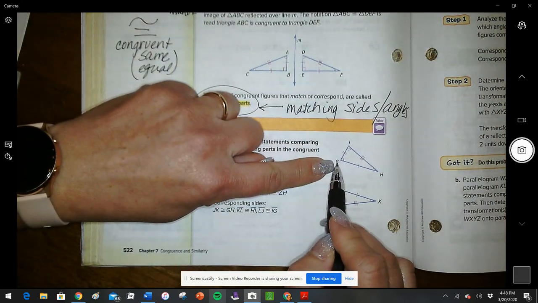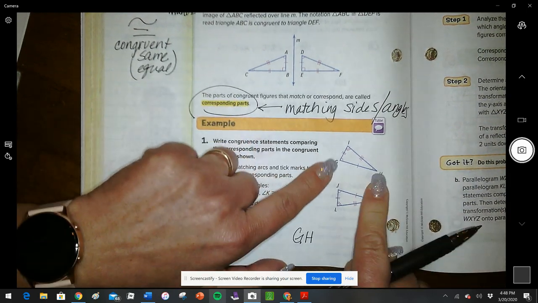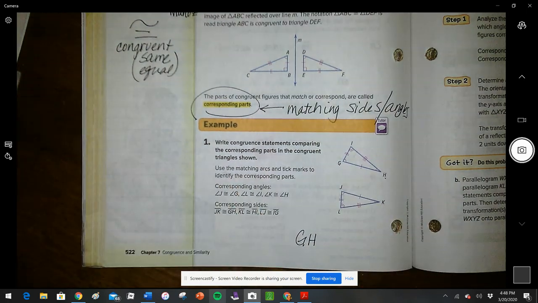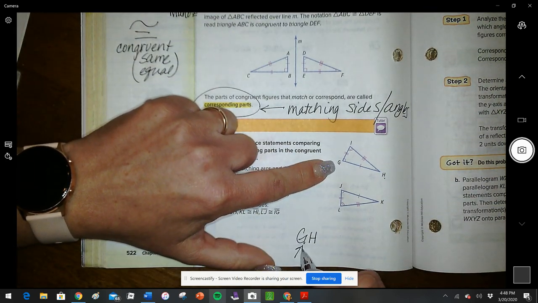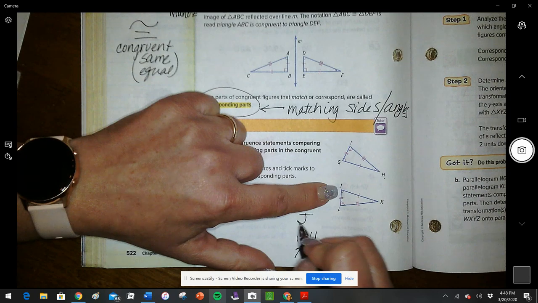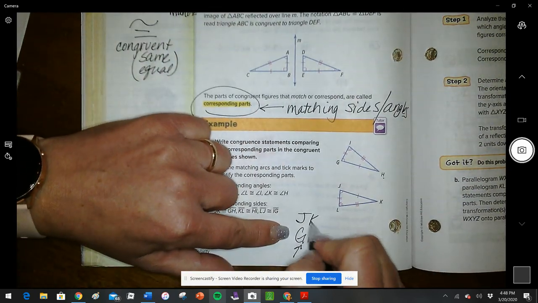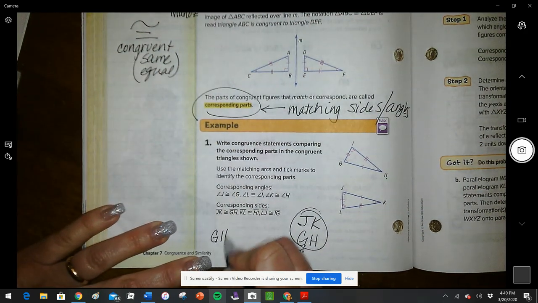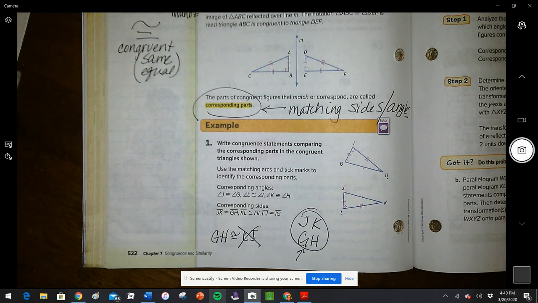If we write GH first, then when you go to write this line with only one hash mark in it, you have to make sure that you put the letters in order. So the letter that matches G is letter J, and the side that matches H is letter K. It has to be written in that order. You can't say that GH is congruent to KJ because that's going in the opposite direction. I hope that makes sense.